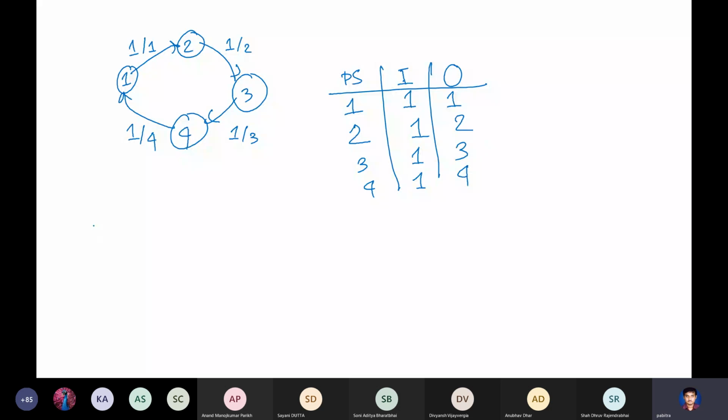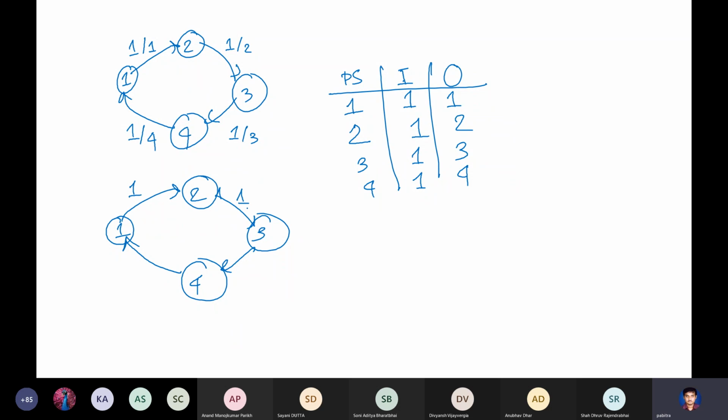Whereas if it was a Moore machine, the state transition is defined by the input, whereas for every state there is only one output possible.